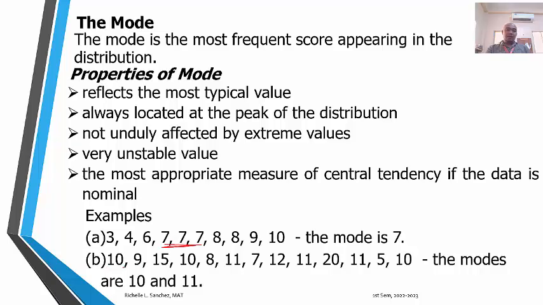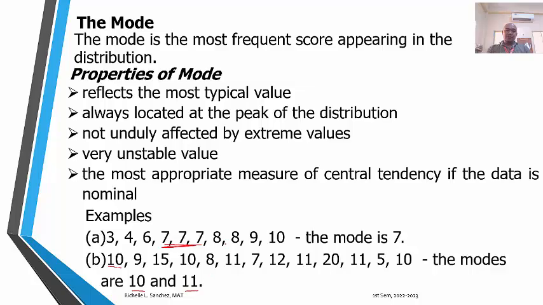Okay, here in letter B, we have our scores 10, 9, 15, 10, 8, 11, 7, 12, 11, 20, 11, 5, and 10. The modes are 11 and 10. So we have 10 and 11.